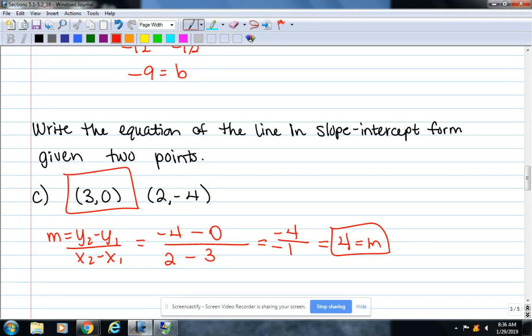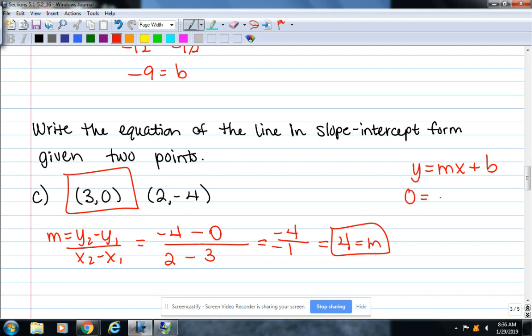The X and Y you choose have to be from the same ordered pair. I don't care which point you pick, but make sure the X and the Y come from the same ordered pair. All right, so I'm going to use y = mx + b to get my B. So if I use (3, 0) for my point, what is my Y value?